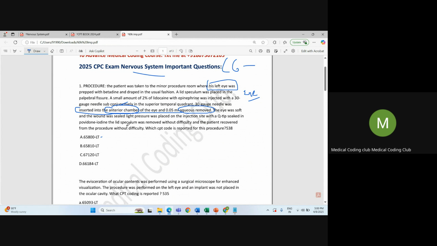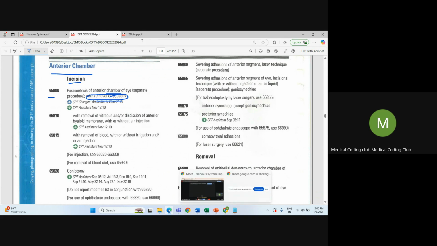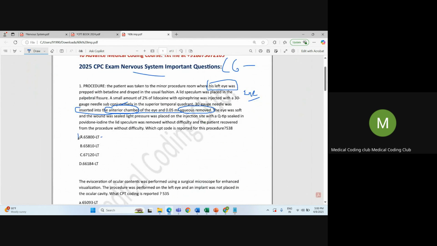Under anterior chamber, you should also look for aqueous removal. You can see 65800, paracentesis of anterior chamber of eye with removal of aqueous. Our first standalone code itself has this. So option A, 65800 with the LT modifier, will be the correct answer.